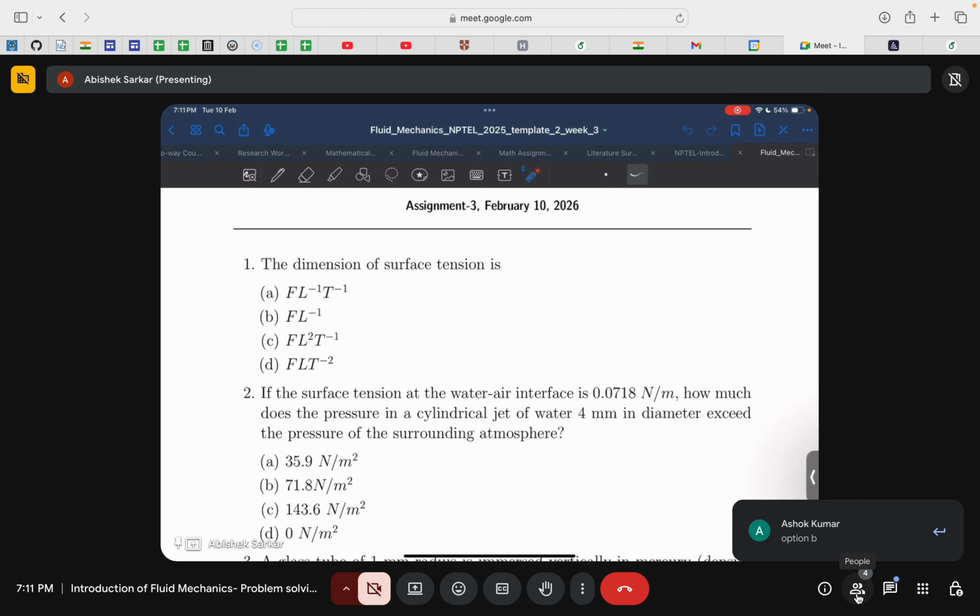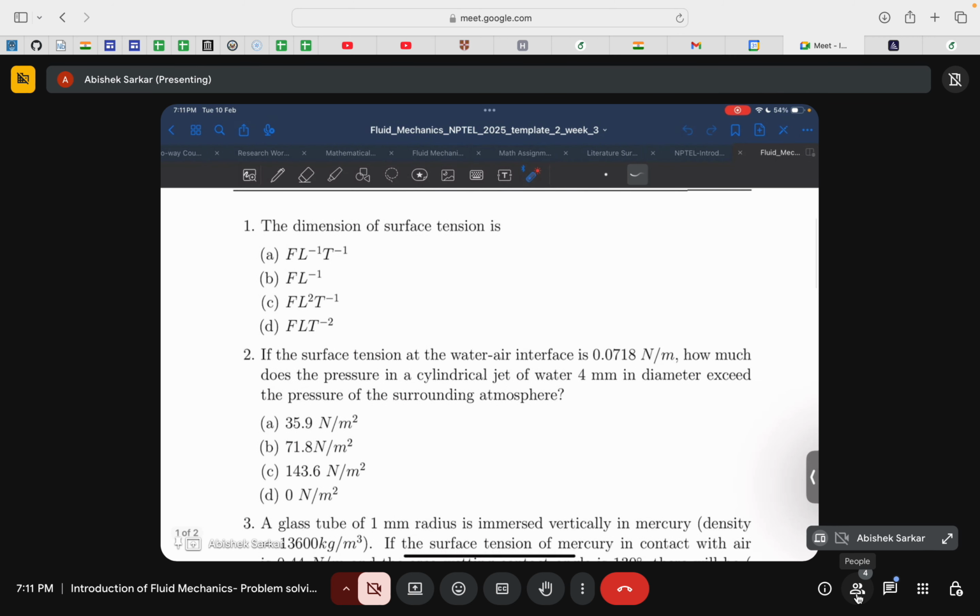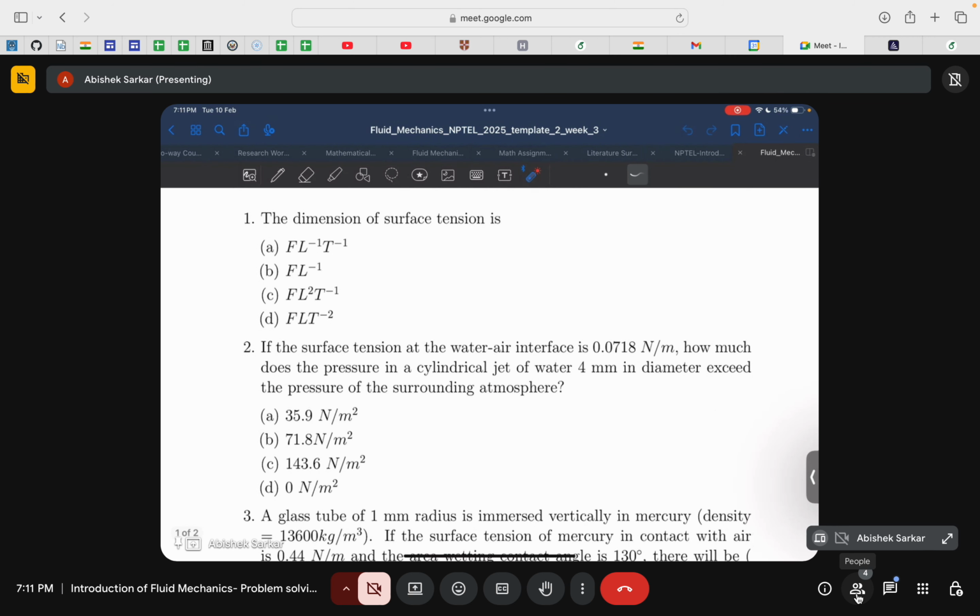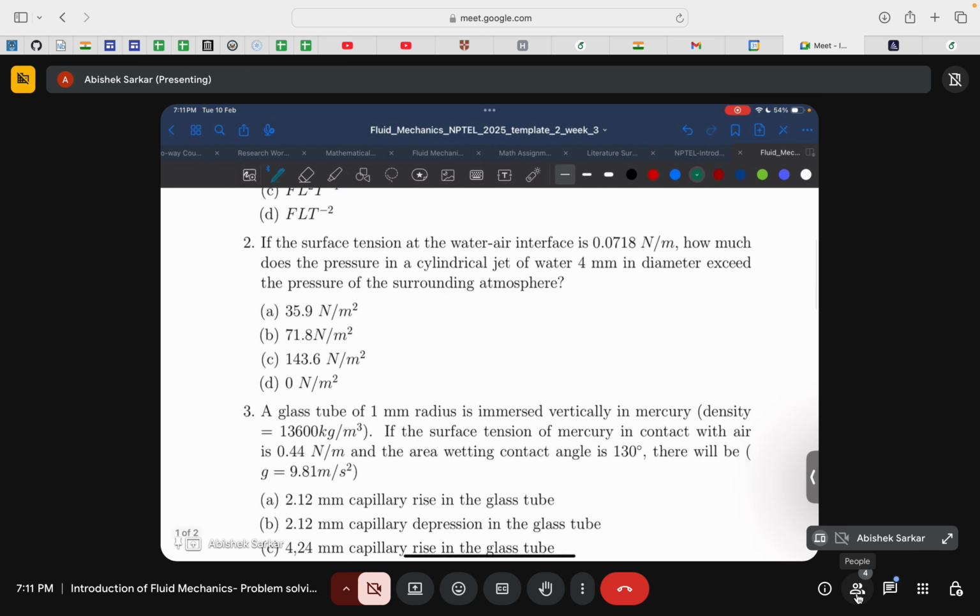Option B, yes. I think we should not hover around this question for long. It's absolutely correct. We know that the surface tension coefficient is given by sigma equals F by L. So it's a simple dimensional unit, so it's B.